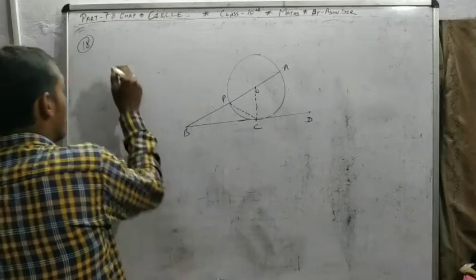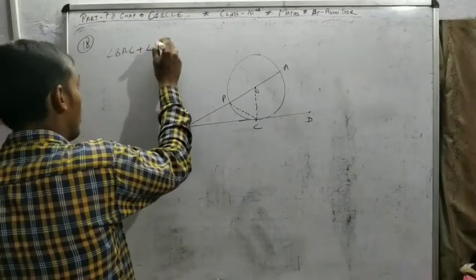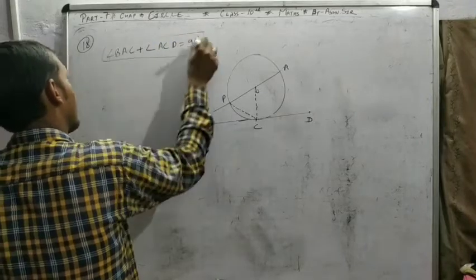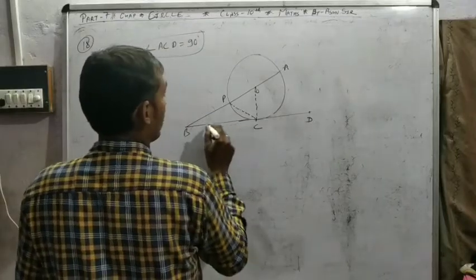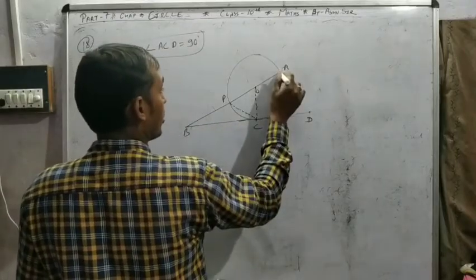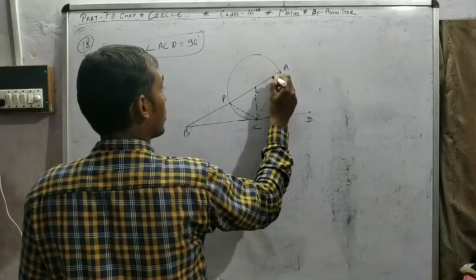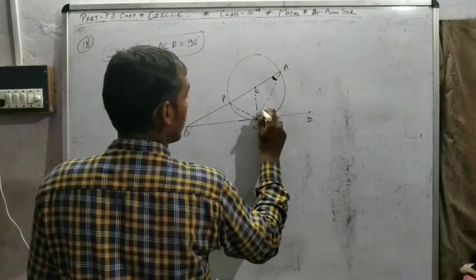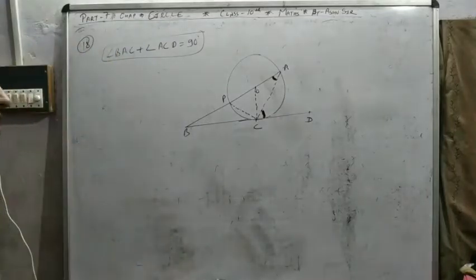So prove that angle BAC plus angle ACD is equal to 90 degrees. BAC, this angle, and ACD, this angle, make a right angle. Very easy, you know.